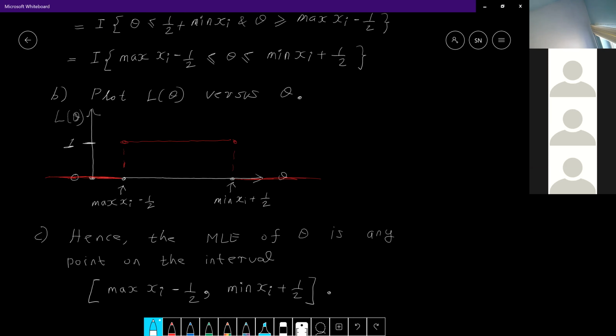Is that clear, guys, or not? Are you okay with this example? If it's not clear, let me know, and I'll try to go over it again. So in this case, there's no unique value for the MLE. The MLE can be any point on the interval from this point to this point, right?